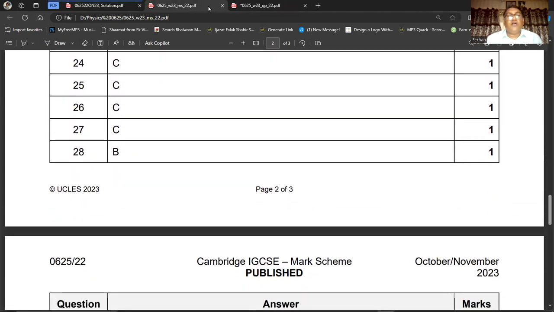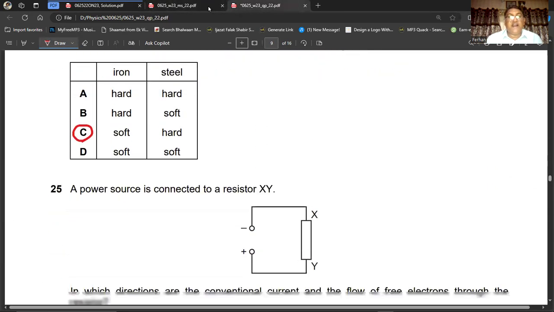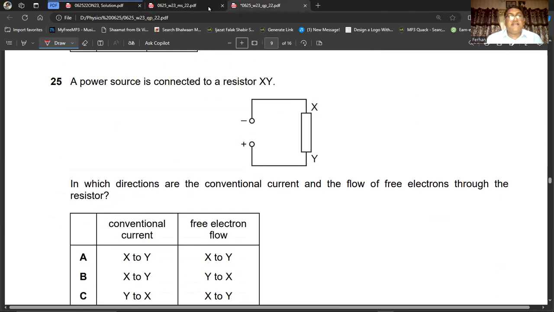Now, question number 25. A power source is connected to a resistor XY. Which directions are the conventional current and the flow of free electrons through the resistor?